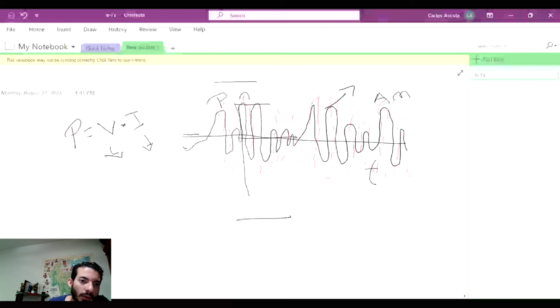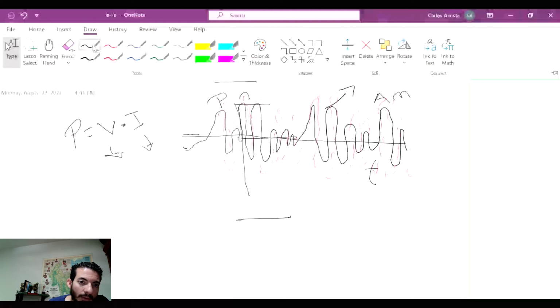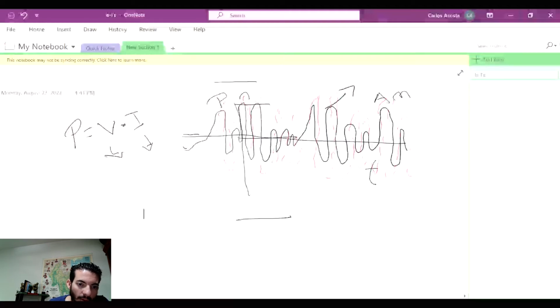That's why when you go to FM radio, and we'll draw FM radio over here, this is time and this is power, you have the same amplitude, but the frequency is different.